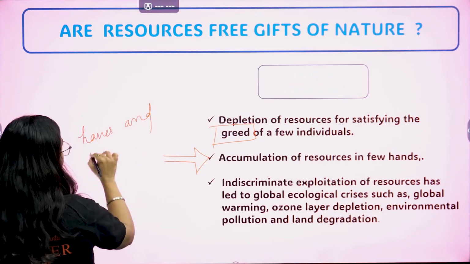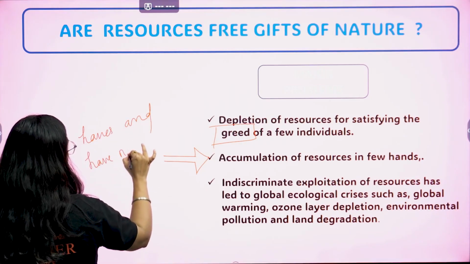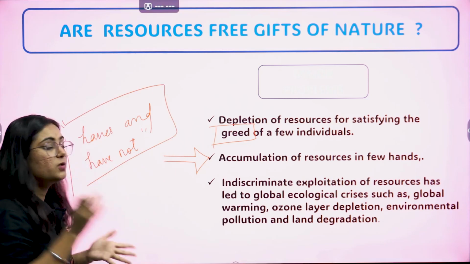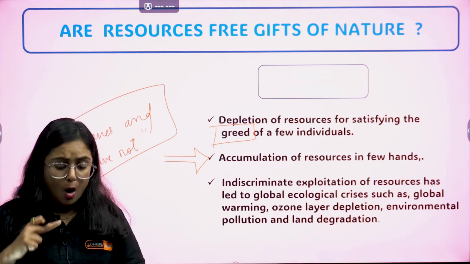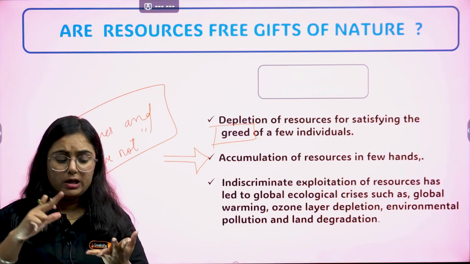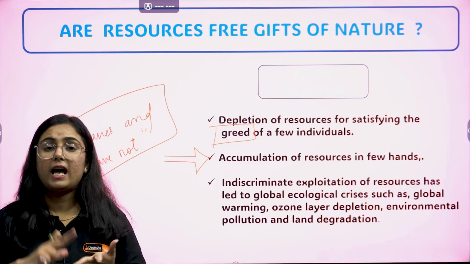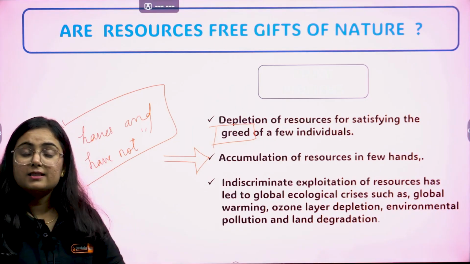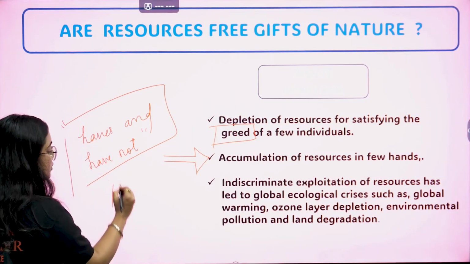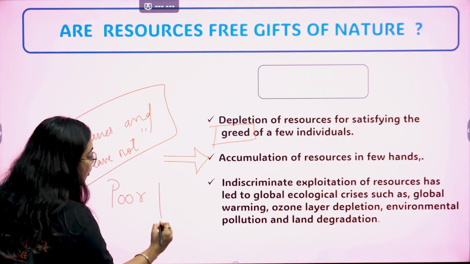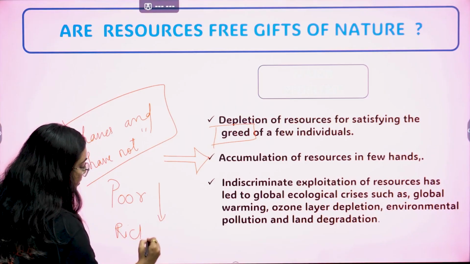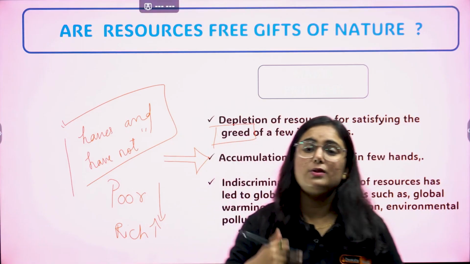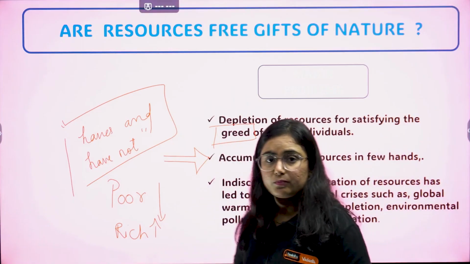Haves and have-nots. We know that there are certain rich people in the world who can easily access whatever they want. Oil reserves, mineral reserves, all are in the hands of some particular group of individuals. This is creating a situation where the poor are becoming poorer and the rich are becoming richer, because we are using the resources indiscriminately.